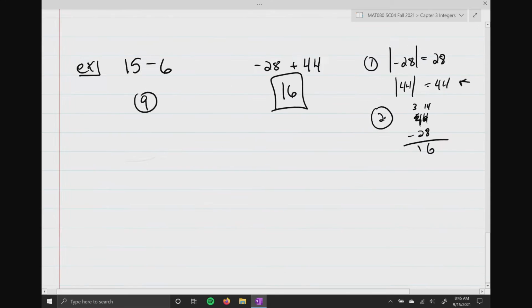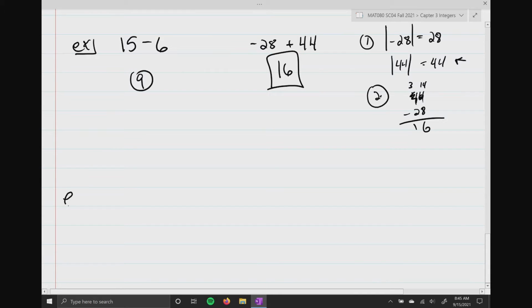Let's do a couple more. Let's do that one. Uh-oh. What do we notice about this one? They're both negative.